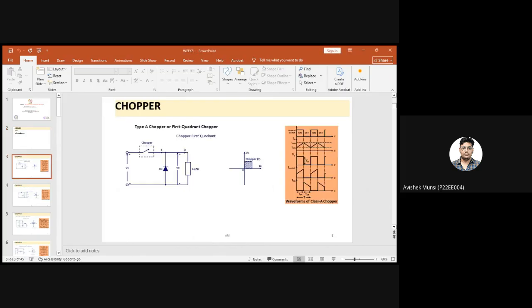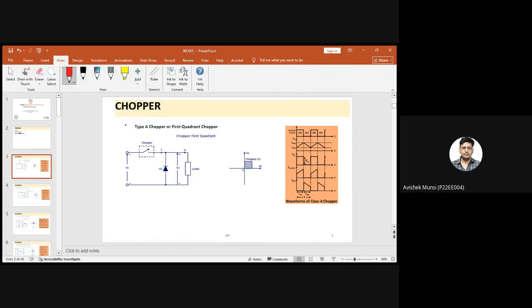Fine. So, the types of chopper. There are actually 5 types of chopper. The type A chopper. Last day I discussed the non-isolated DC-DC converters, which are closely related to the types of chopper. As we see here, this is a type A chopper, also called a first quadrant chopper.